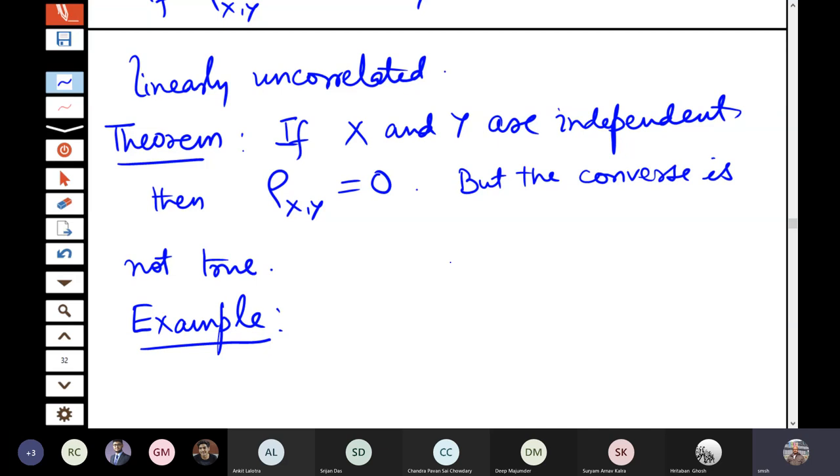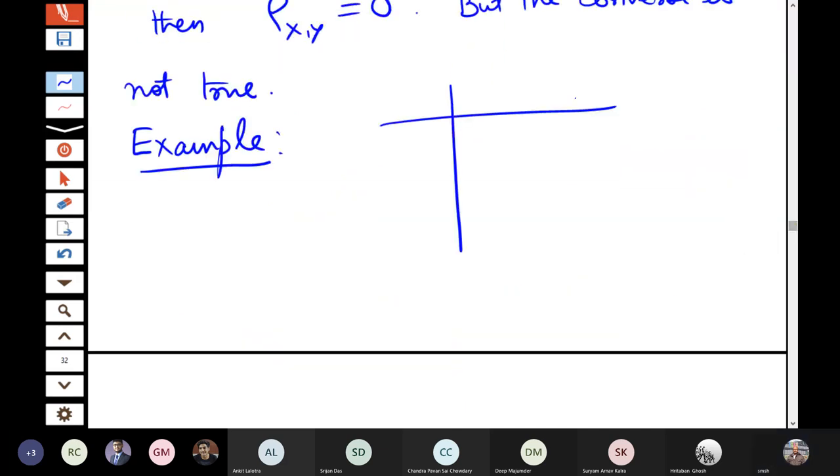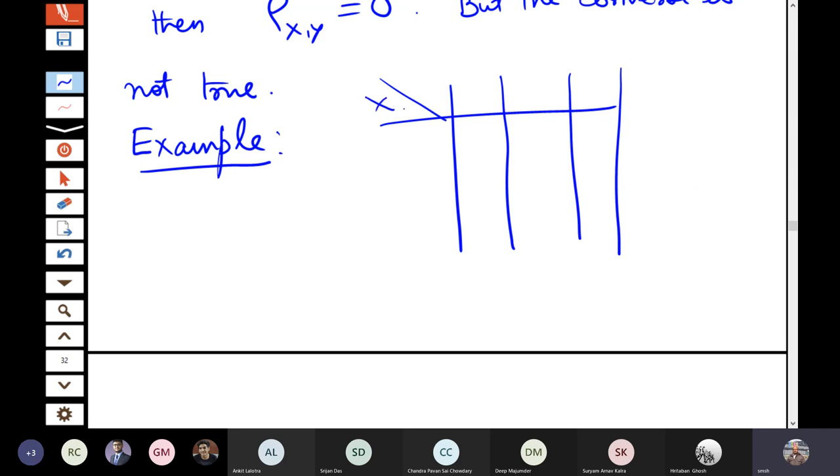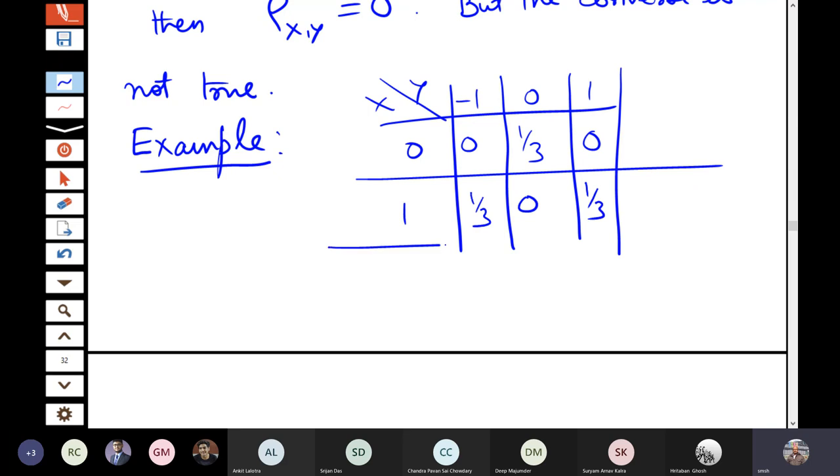Okay, let us take, say, x and y jointly distributed. Let us put x here and y here, and suppose x is taking two values 0 and 1, y is taking three values -1, 0 and 1. Suppose this probability is 0, this is 1 by 3, this is 0, and suppose this is 1 by 3, this is 0, this is 1 by 3.